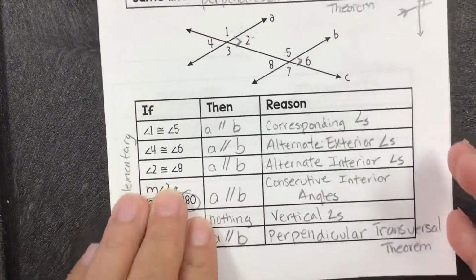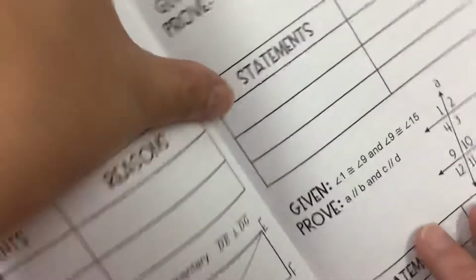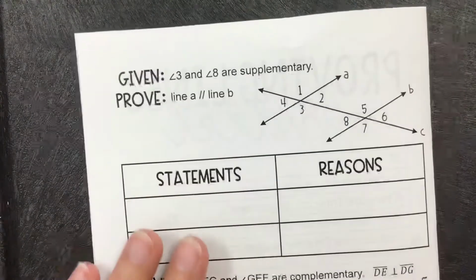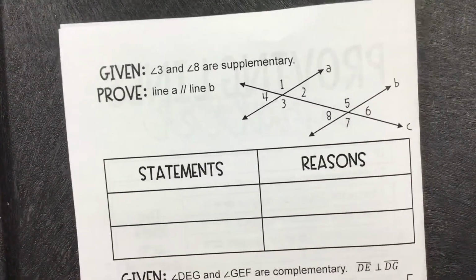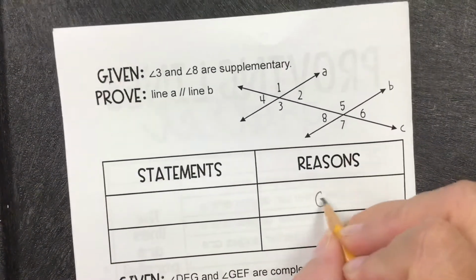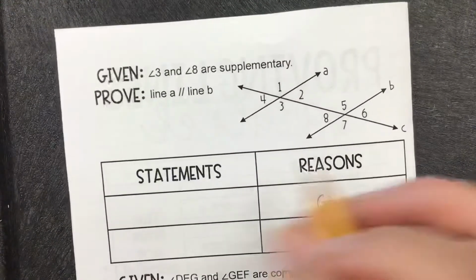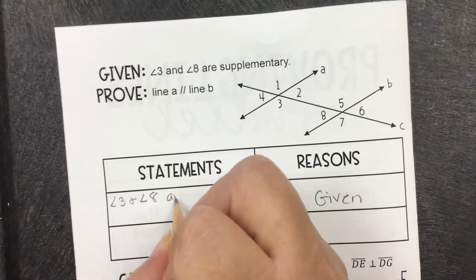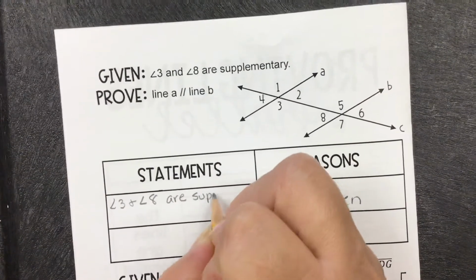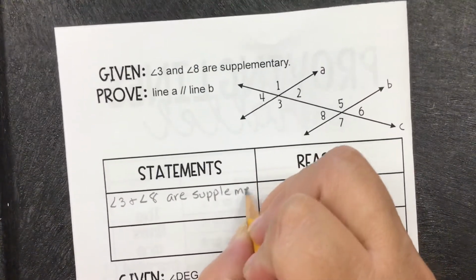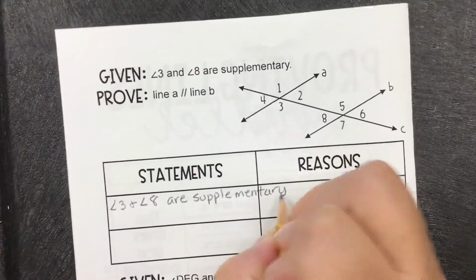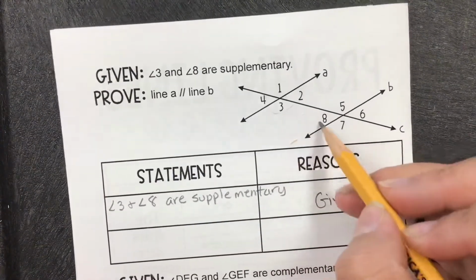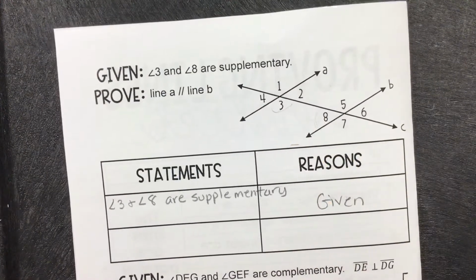All right, if we move inside. We always start with the given. We have that angle 3 and angle 8 are supplementary. 3 and 8, what kind of angles are those?